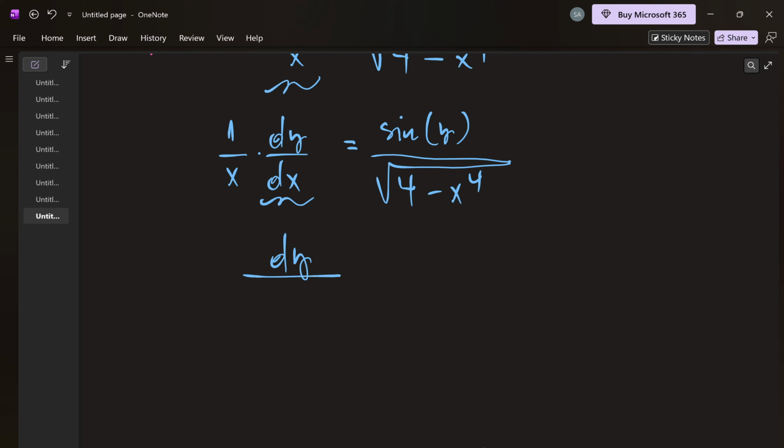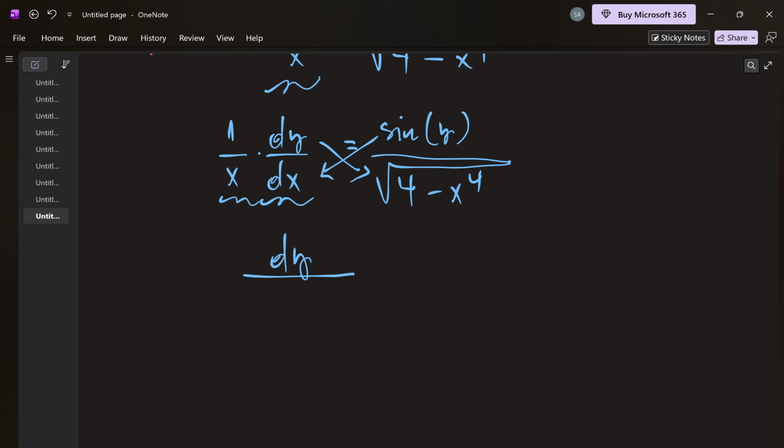over this. So I will multiply by dx and the square root of 4. Sorry, let's first multiply only by x dx.